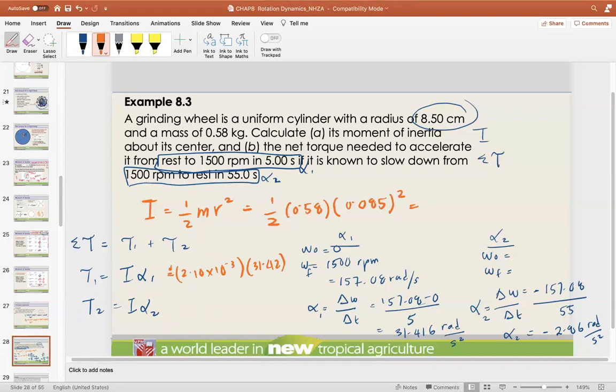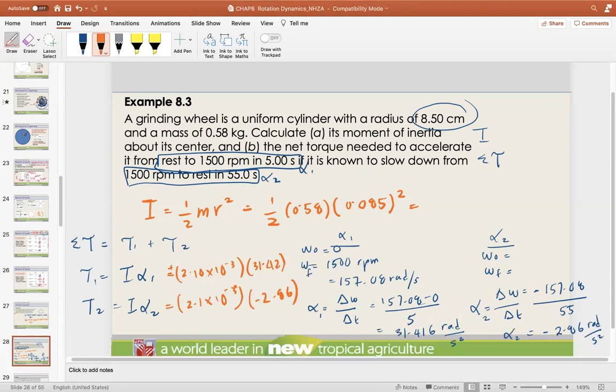And this one is positive. The second one is 2.1 times 10 to the minus 3, the same I because it's still the same cylinder, and alpha 2 is minus 2.86. That's your second torque, and it is negative.